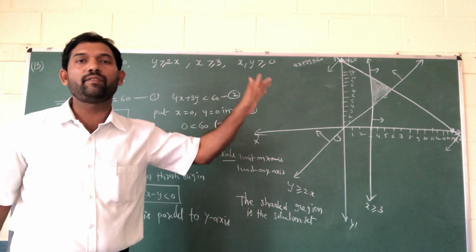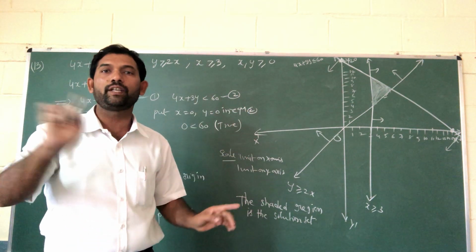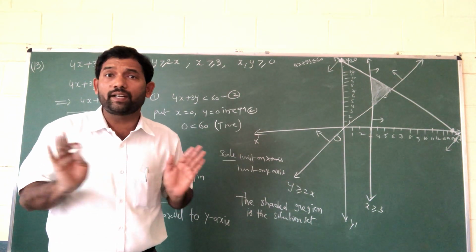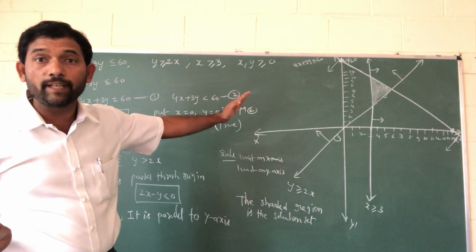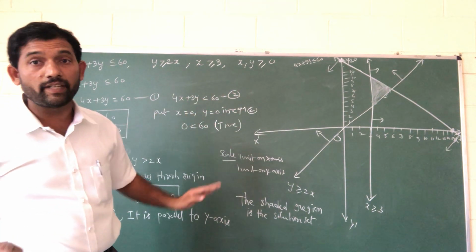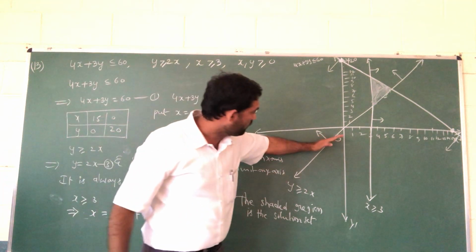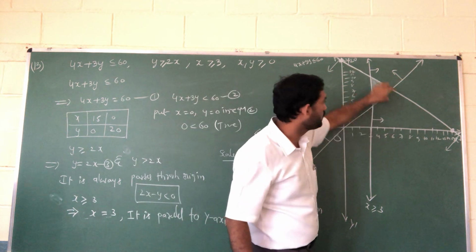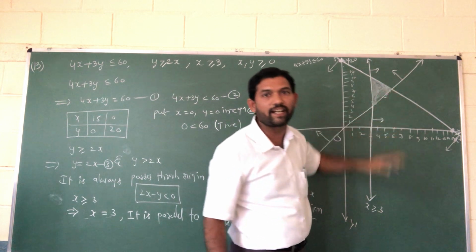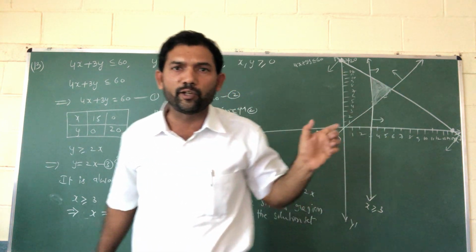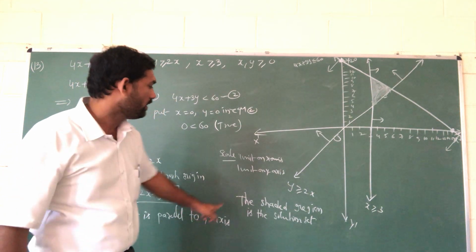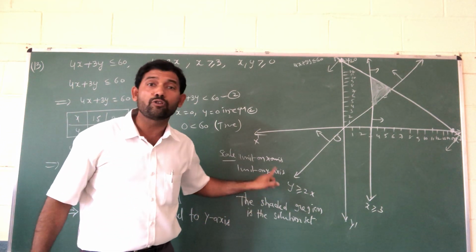In the previous class I showed arrow marks for each and every one. Here I will not do that. I am just showing the direction, this is in this direction, this is below. So all are intersecting here, and that is our solution set. The shaded region is the solution set.